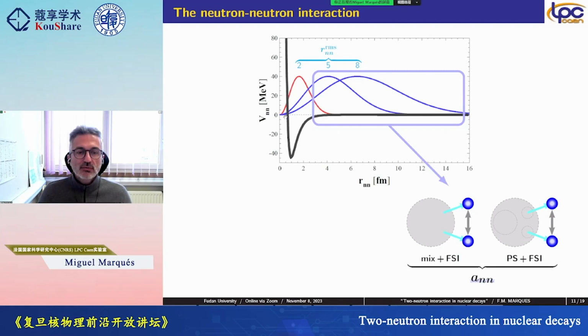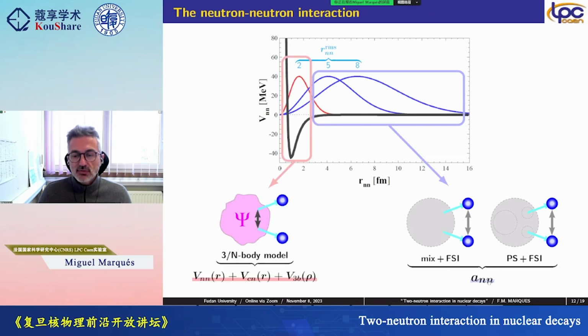But if you have a compact configuration, like we have in some nuclei, then scattering length is not enough. You need the full neutron-neutron potential, but you also need the core-neutron potential and even the 3-body force. So you should better use a microscopic model that has all these interactions and not just one number, the scattering length.